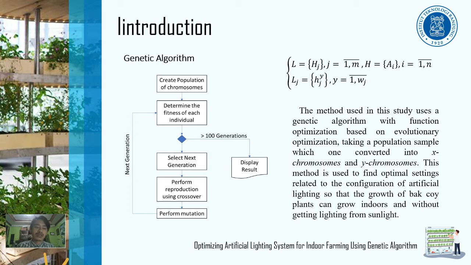After mutation they get the next generation and determine the fitness of each individual. When it meets the requirement, the generation will generate the results and find the best configuration, and this is the optimized result.